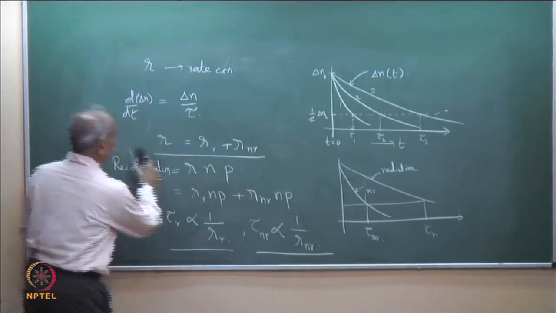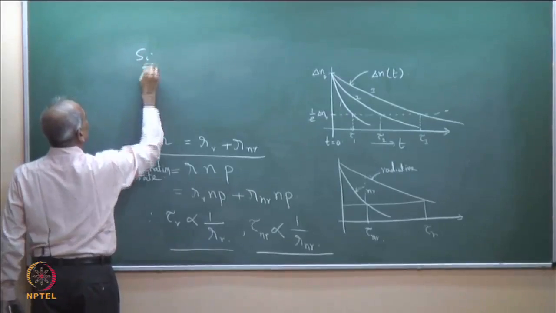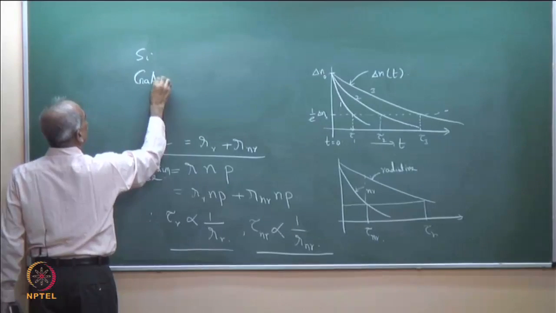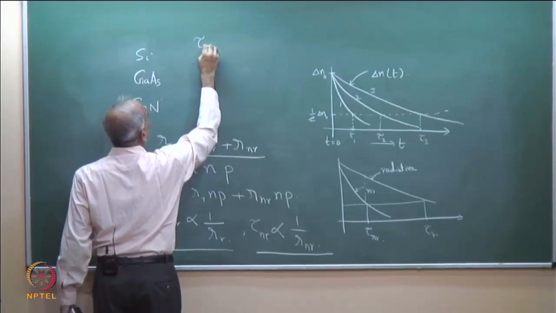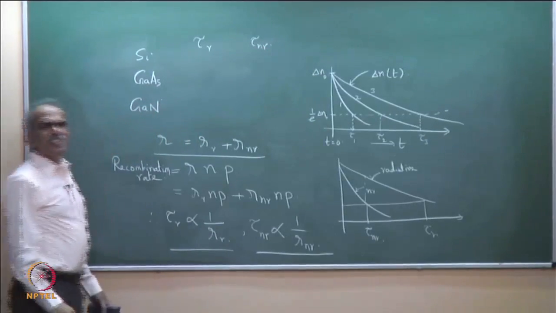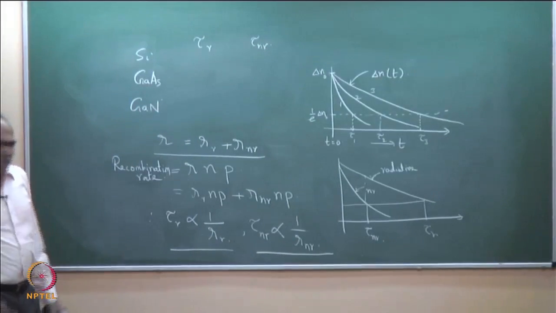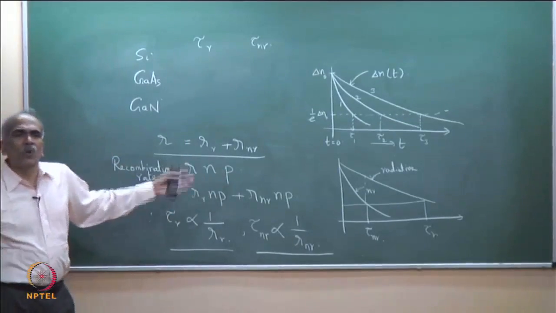You will appreciate this now. If I write the typical example, let us take silicon, gallium arsenide, and if you want gallium nitride, what is tau r and what is tau nr? Typical material, okay? It will depend on defect density and carrier concentration and so on.